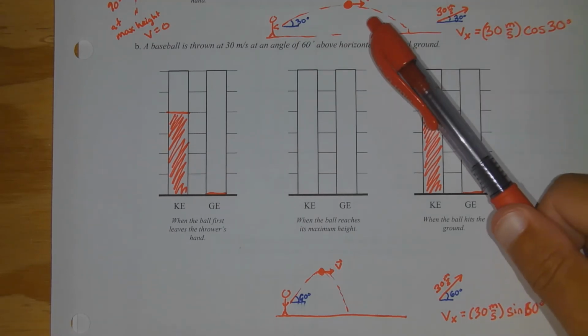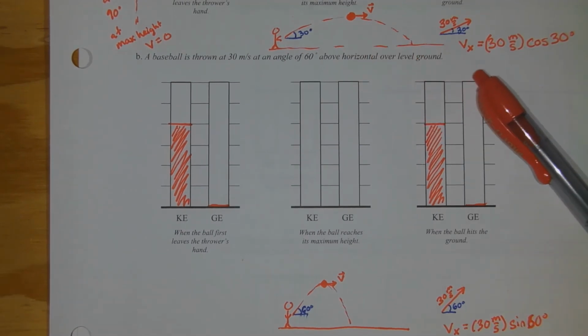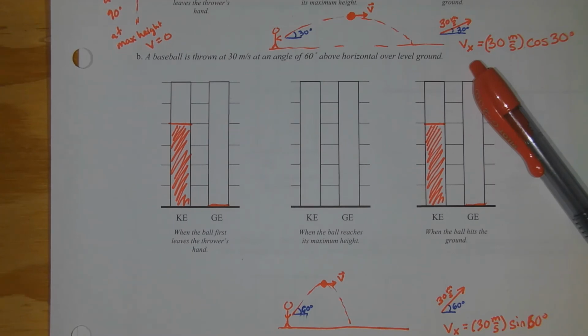So the x component of the velocity was larger in part A. The velocity in the horizontal direction stays the same the whole time.